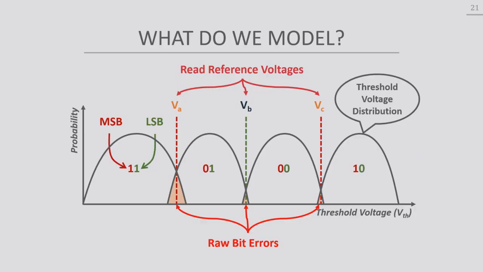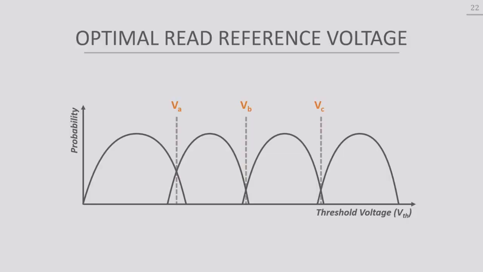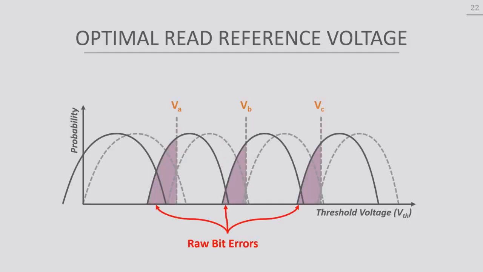But it turns out that the distributions are not perfectly separated from each other. So some of the cells may go across the read reference voltage boundary, and then these cells will generate raw bit errors. The number of raw bit errors is decided by 2 major factors. First is how much the distribution shifts over time.